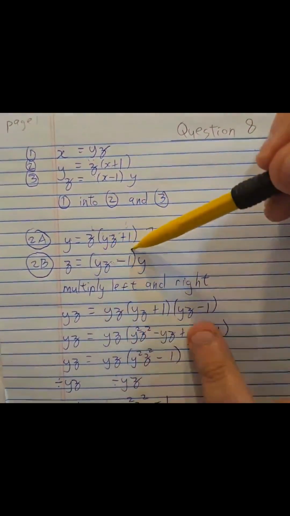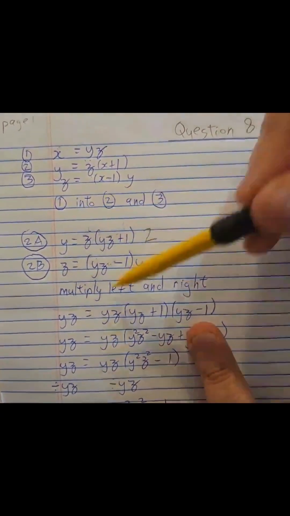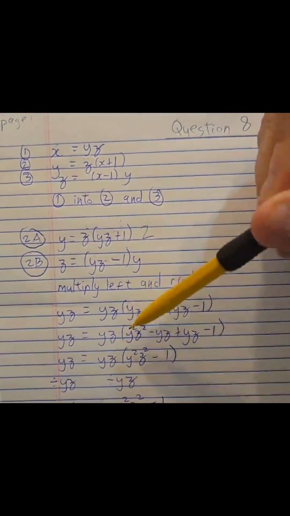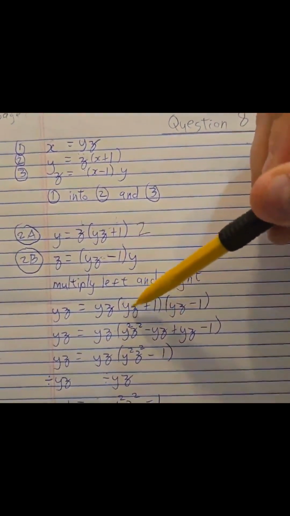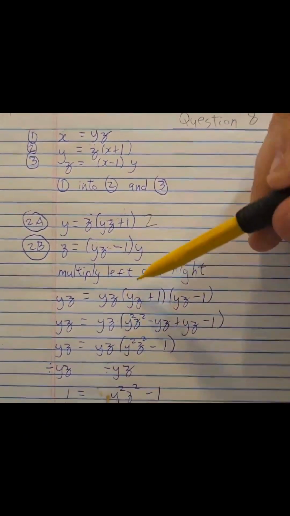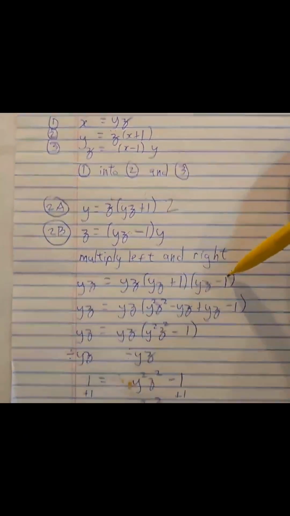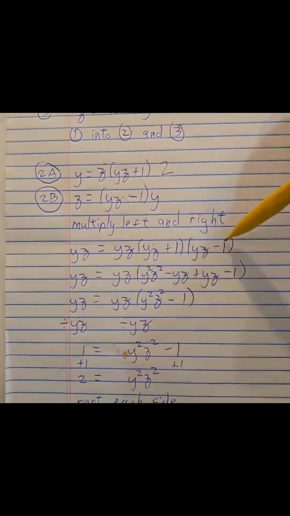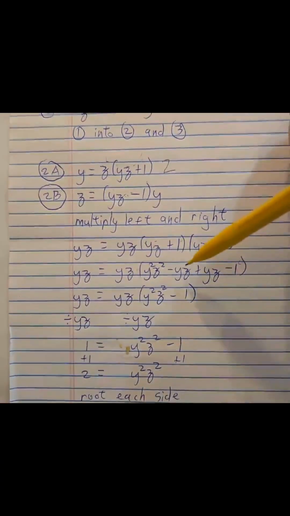There's the one bracket, there's the other bracket, and there's the yz. Now we're just multiplying out each term in the brackets, like yz times yz is y squared z squared, or y squared z times minus 1 is minus yz, and 1 times minus 1 is minus 1.